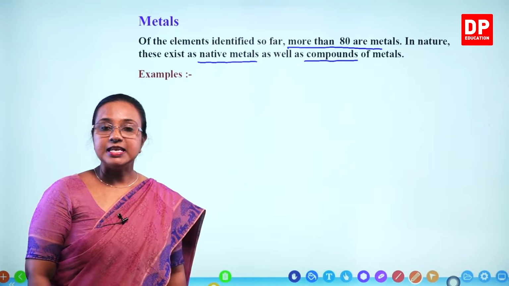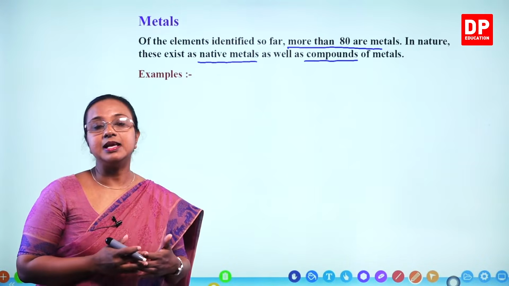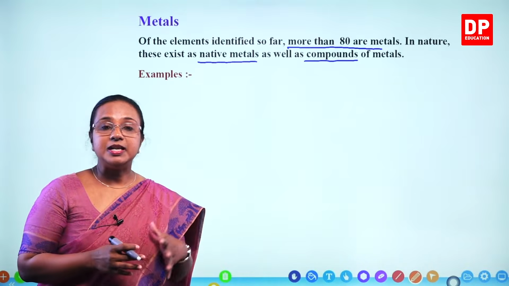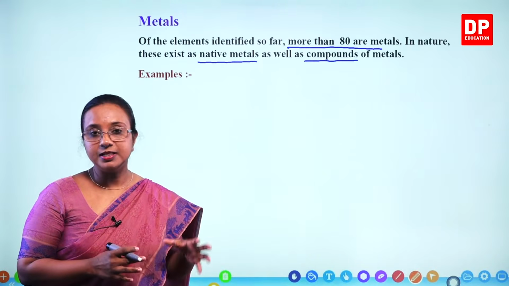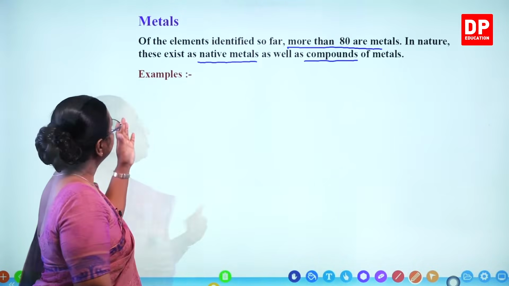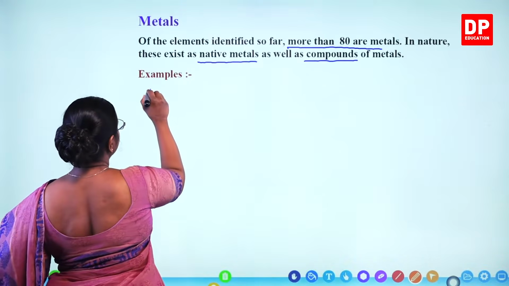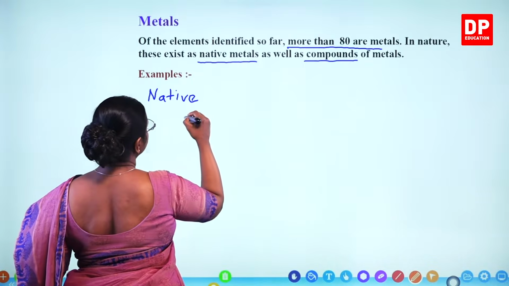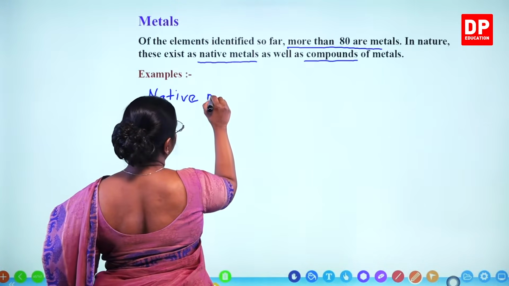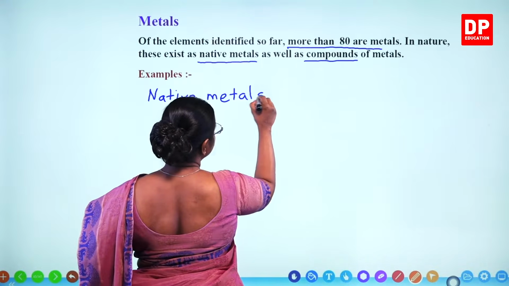So when we say native metals, they exist as the metal itself. If the metal is not very reactive, then it can be found in the form of metal. In nature, if we look at examples for native metals, the metals that are present in their natural form, we can find some examples.